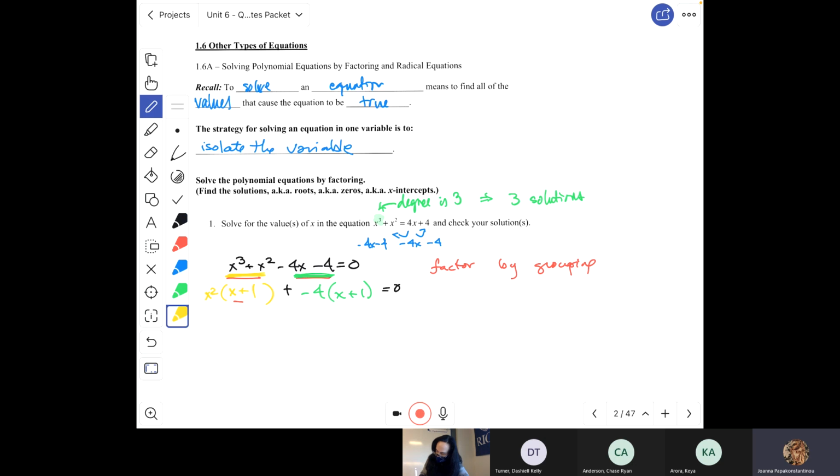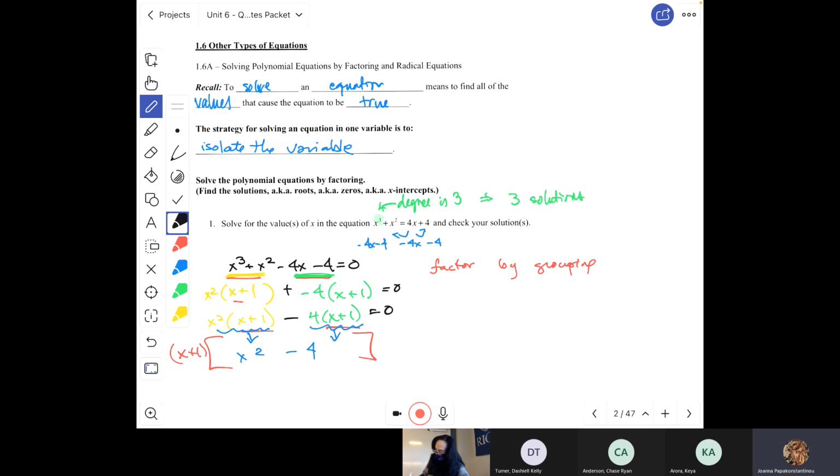Now, you may want to clean that up a little bit and combine that plus a minus, making that negative 4 times x plus 1. And then at that point, I would factor out that x plus 1 from each of these. And what would be left over when I took x plus 1 and divided out of each of those? What would I be left with?